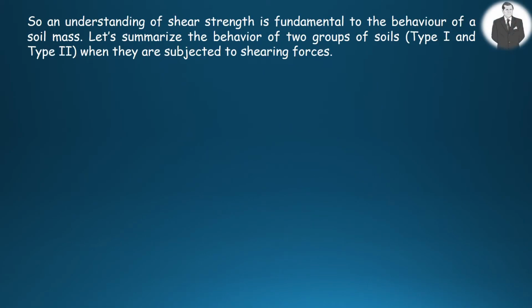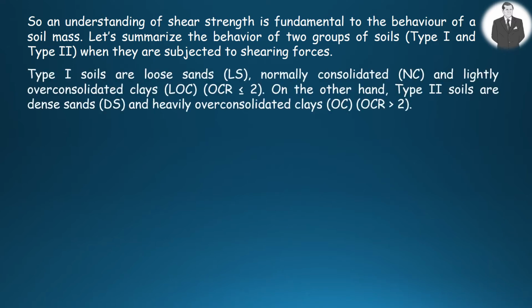For that reason, an understanding of shear strength is a basis to the behavior of a soil mass. In this regard, let us go through the behavior of two groups of soils, namely type 1 and type 2, when they are subjected to shearing forces. Type 1 soils are categorized as loose sands, normally consolidated and lightly over-consolidated clay soils.